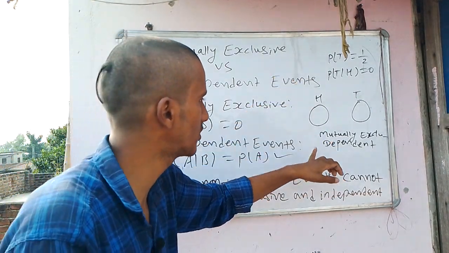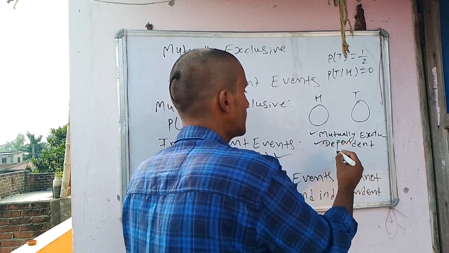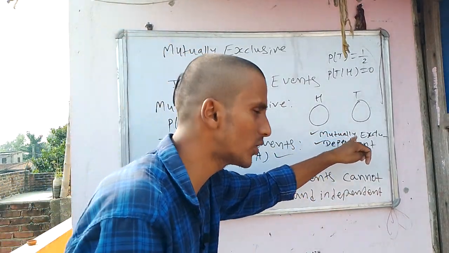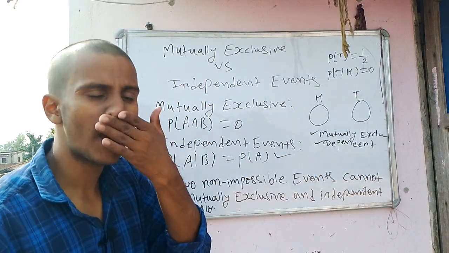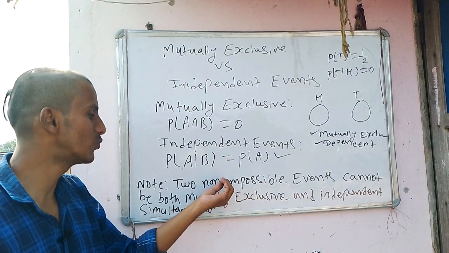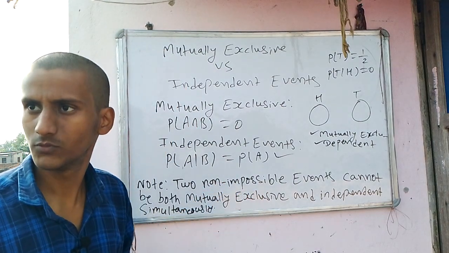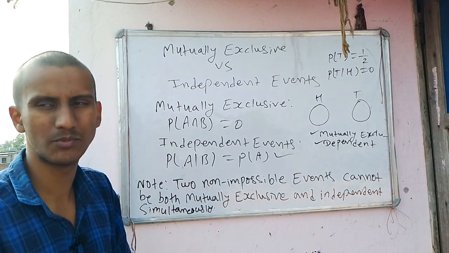So if they are not equal, they are dependent. So they are mutually exclusive and dependent. If it is mutually exclusive, it cannot be independent. Does that make sense? It will be independent only in the case in which one event is impossible. Two non-impossible events cannot be mutually exclusive and independent at the same time.